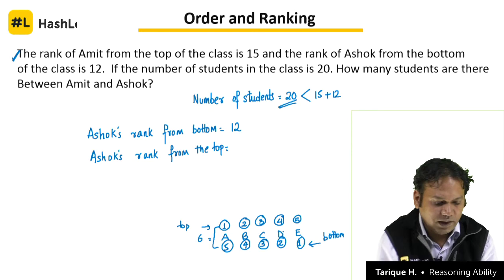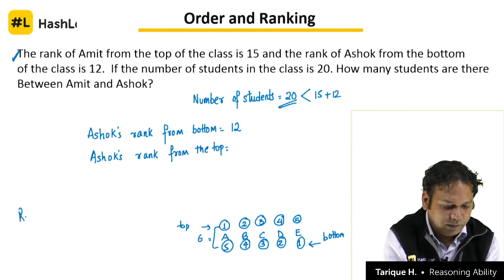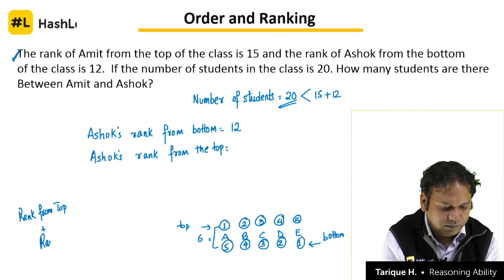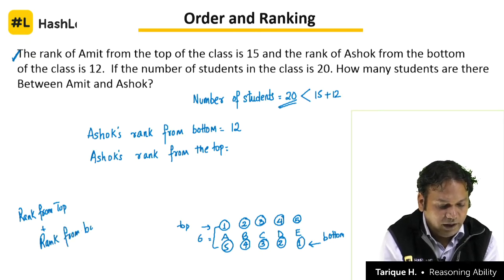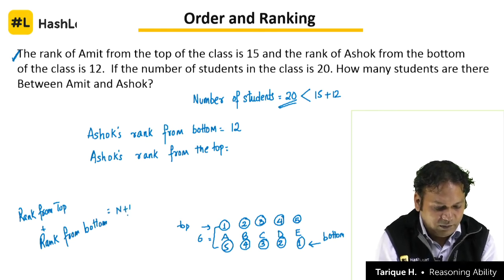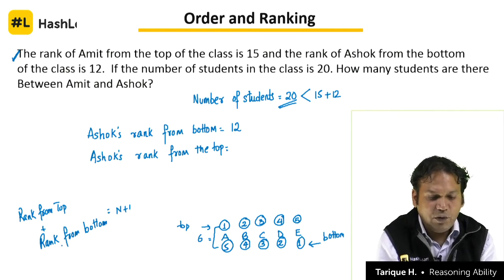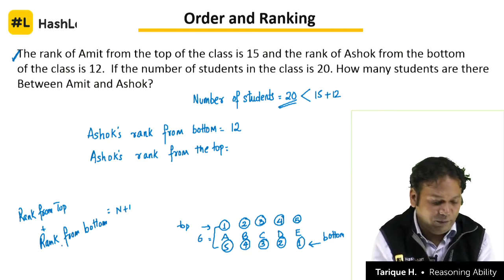So, for every person the rank from top plus bottom is equal to number of students plus 1. You see, rank from top plus rank from bottom is equal to, this you should note down, rank from top plus rank from bottom is always equal to number of students plus 1. That means I can say that if I know rank from bottom, I can find rank from top.